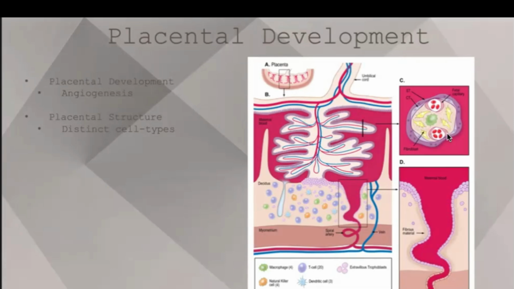These cells come in close contact with the cytotrophoblasts, which then differentiate to become these single nucleated syncytiotrophoblasts. These syncytiotrophoblasts express different glucose and amino acid transporters that are important for glucose, amino acid, and protein transport to the fetus.